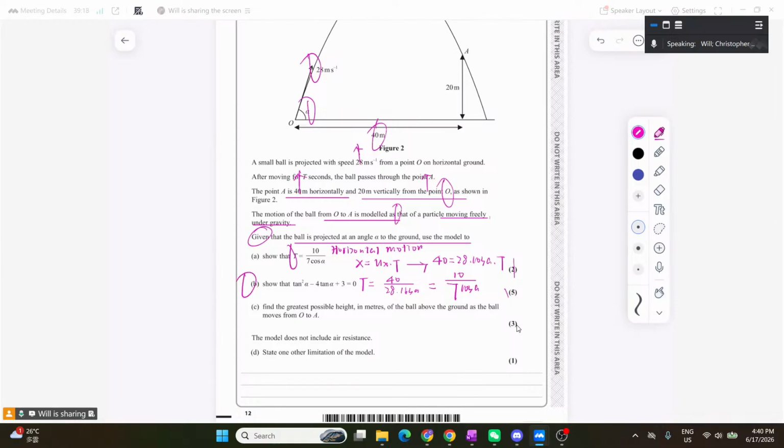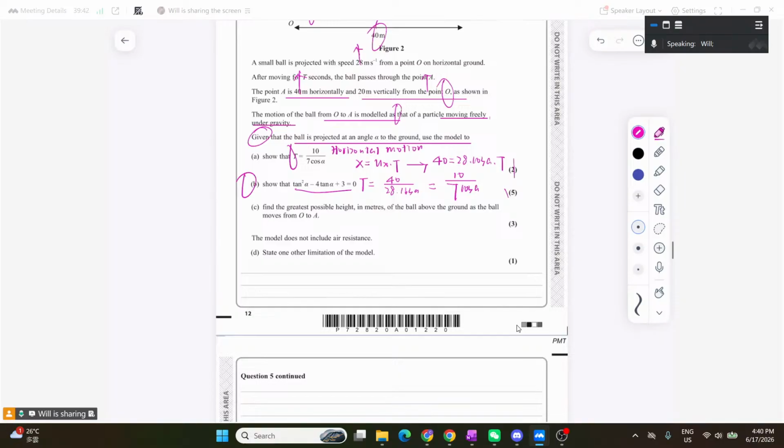And for question B, the next one asks to show that tan alpha squared, the quadratic form, tan squared alpha minus 4 tan alpha plus 3 equals 0.